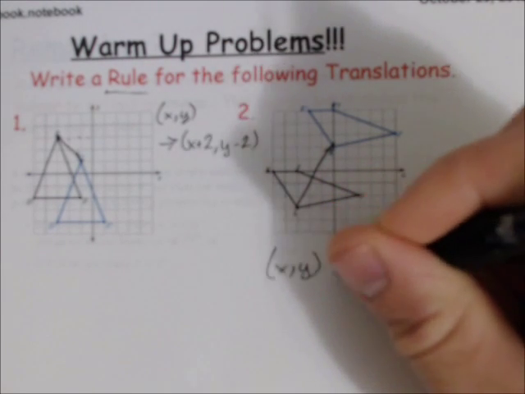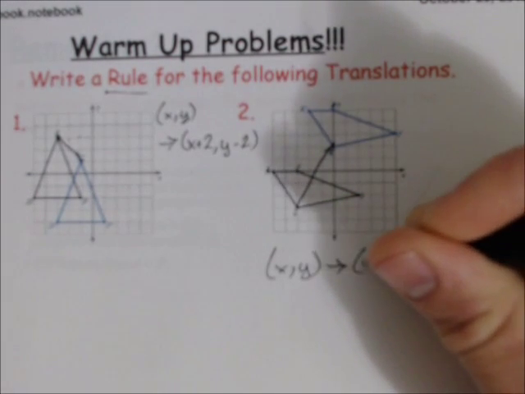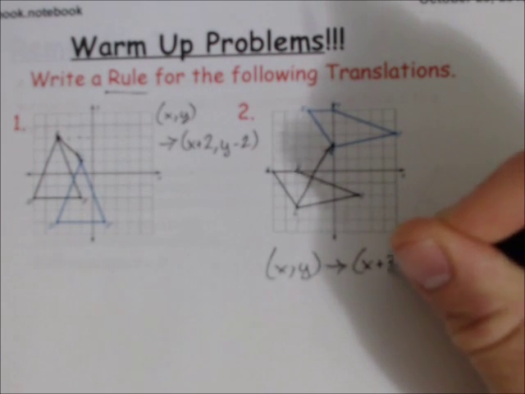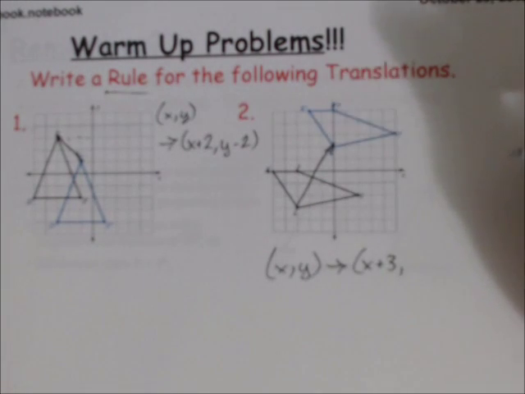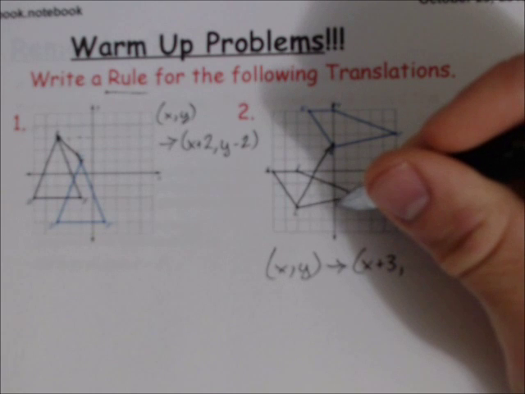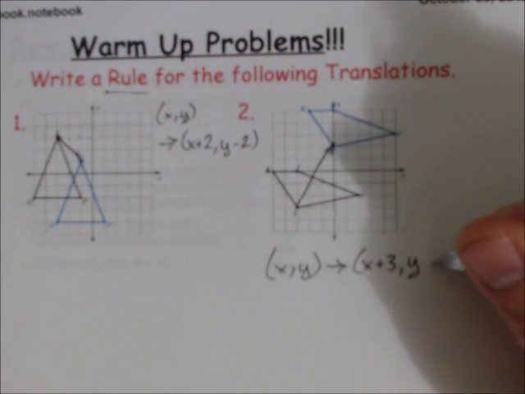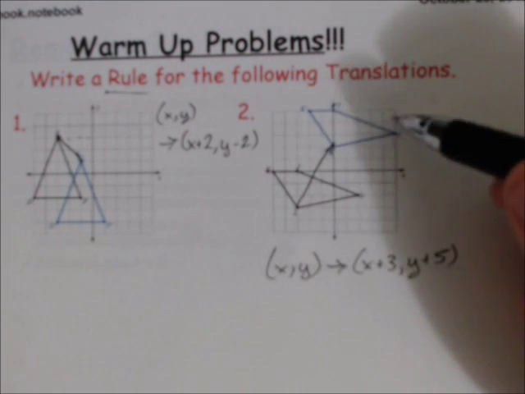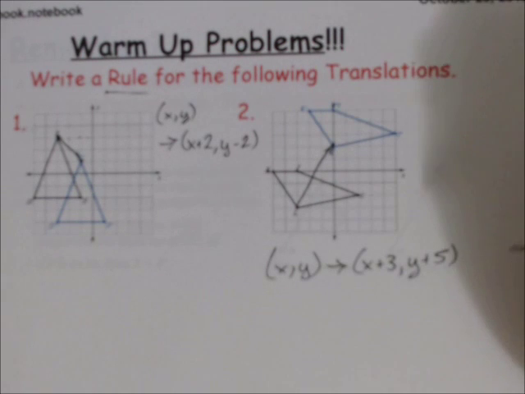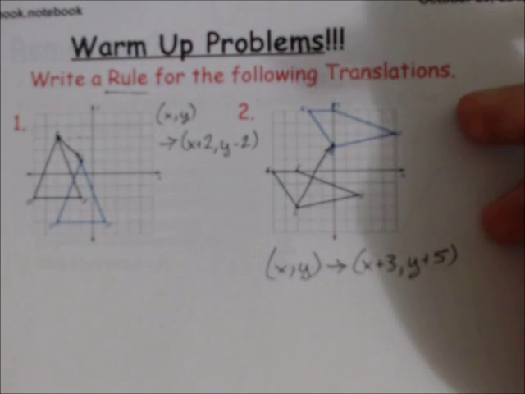So every point in the original figure gets mapped to a new point, and for x, we're adding 3. So x plus 3. And then in terms of y, we figure out how much we're going up. 1, 2, 3, 4, 5. So every y value, we'd add 5 to get the coordinates in the image. Hopefully you remember that from yesterday.